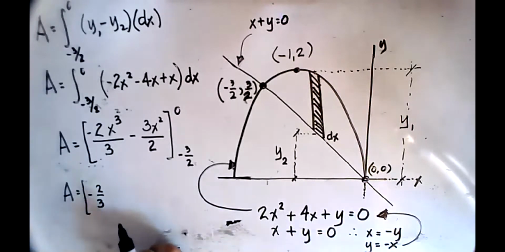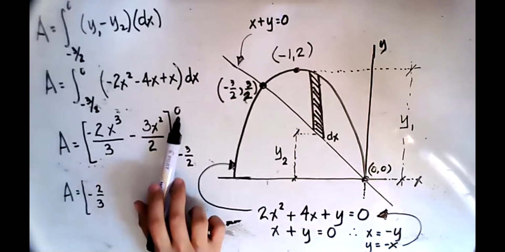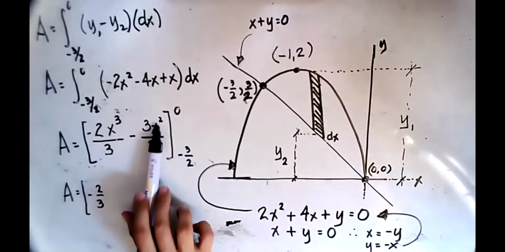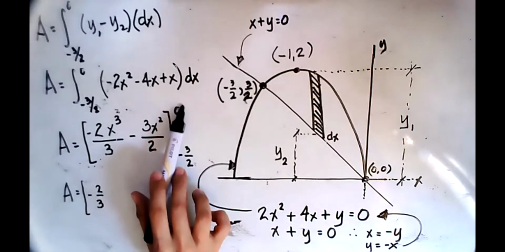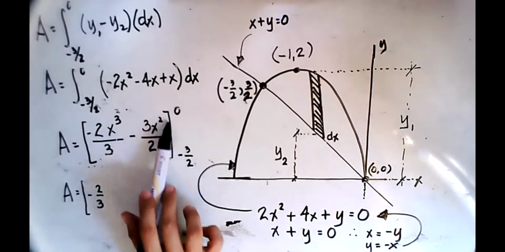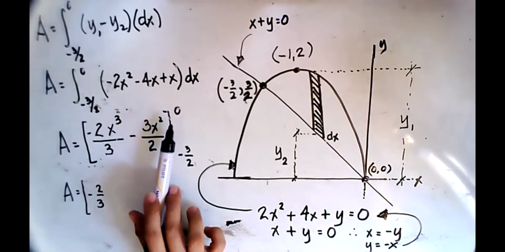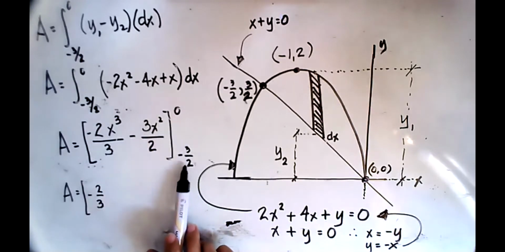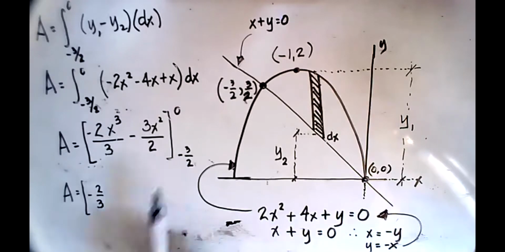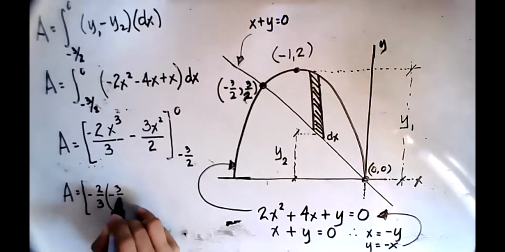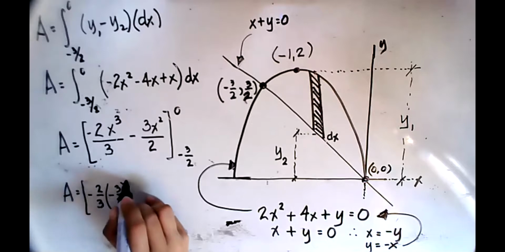And for the value of x cubed, if we substitute 0 here, the value will also be 0. So it is negligible, we can treat the value at 0 as irrelevant. We can go straight to the lower limit of negative 3 halves. All we have to do is substitute negative 3 halves for x.